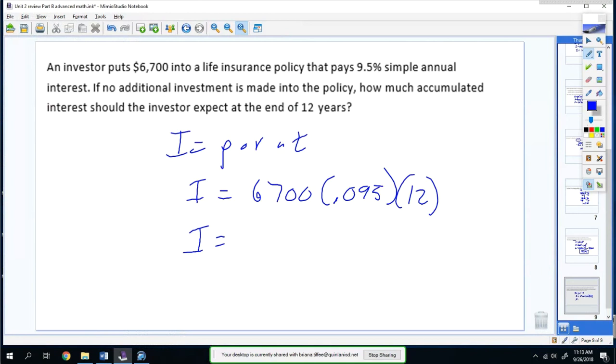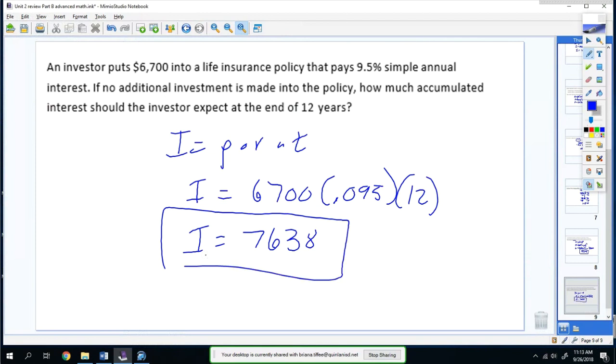You multiply that all together and you get 7,638. And that's actually how much interest he would get. Let me make sure that's correct though. Yes, 7,638. That's how much interest he would get in 12 years. That's what happens if you invest for a long time. You get a lot more money back.